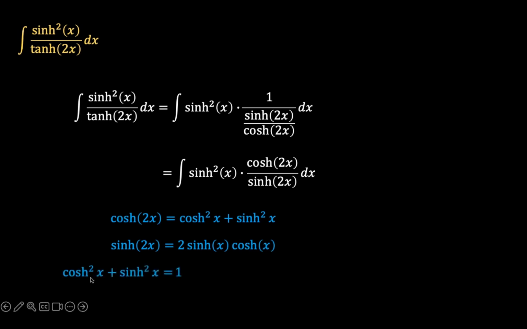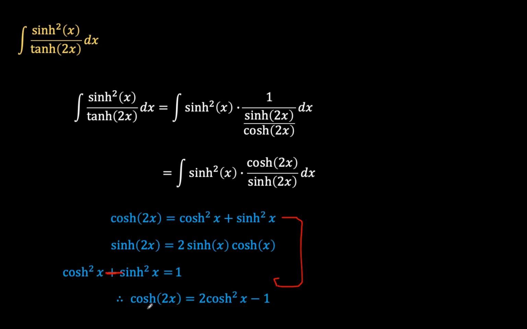And one other interesting identity is hyperbolic cosine squared x minus hyperbolic sine squared x is equal to 1, which means that in this first identity, we are substituting for hyperbolic sine squared x with hyperbolic cosine squared x minus 1.